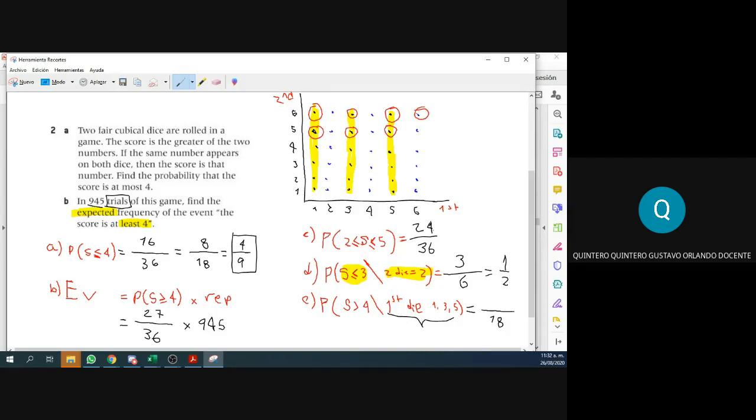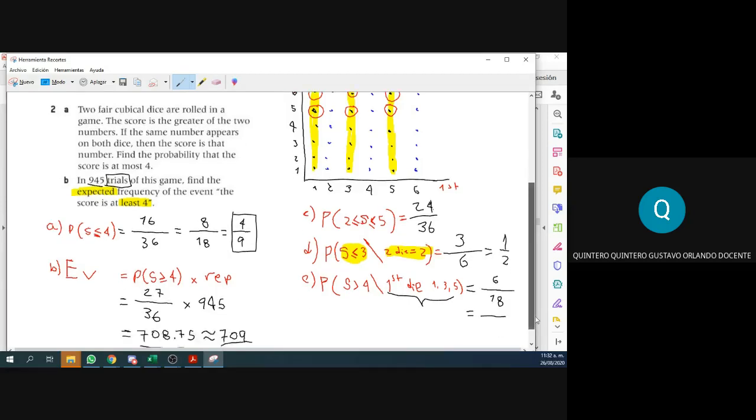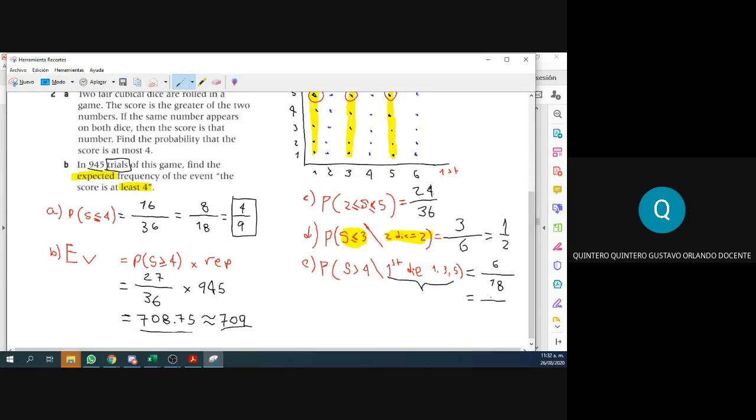The score here is bigger than 4. Also this, bigger than 4. But those don't take the condition into account, so I don't want those. In other words, this will be the probability, 6 over 18. But we can simplify this. This will be a half and half, so 3 over 9. We can simplify by 3. So 1 over 3.